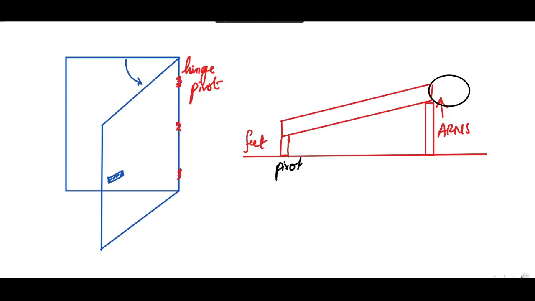Similarly, if I look at the door of my fridge, then the hinges will be the pivot.